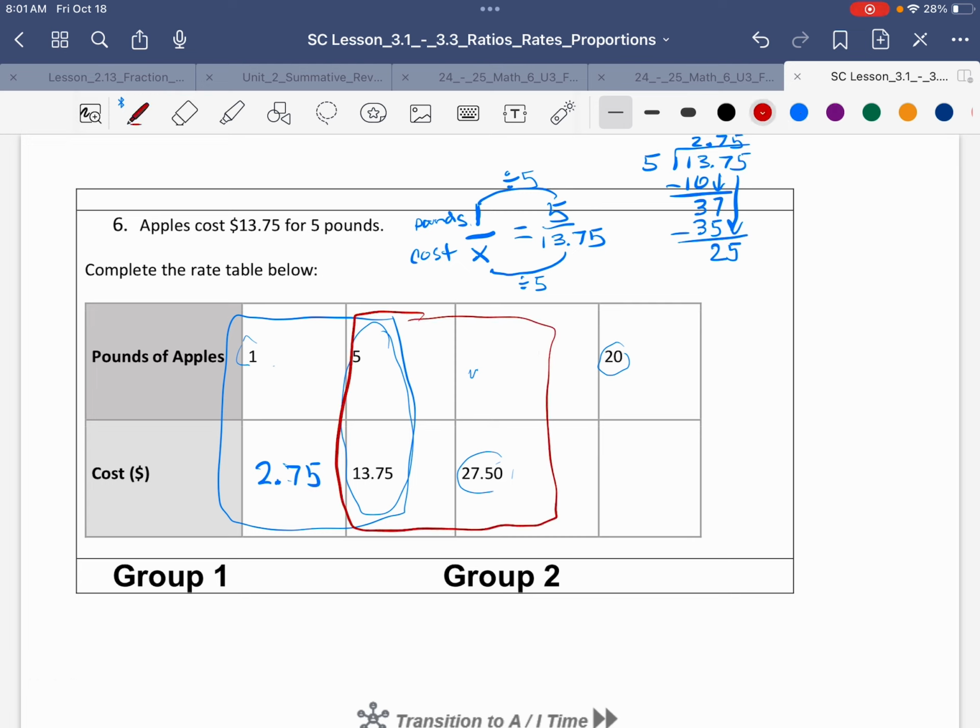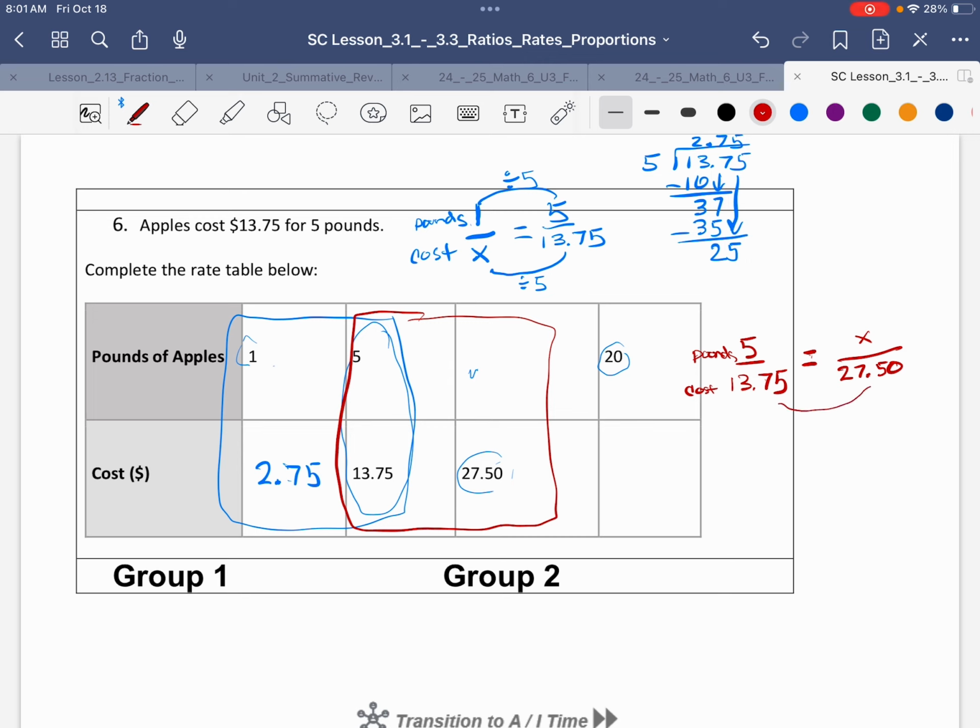So we can put 5 over 13.75 equals something over 27.50, and remember, I'm putting pounds on the top and cost on the bottom, and we don't know how many pounds you're getting.